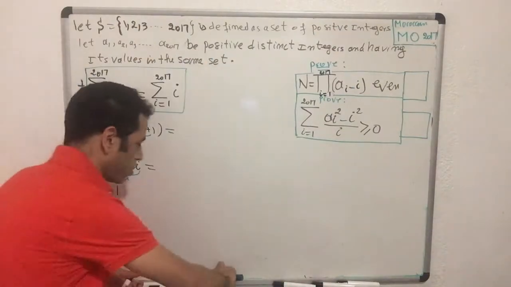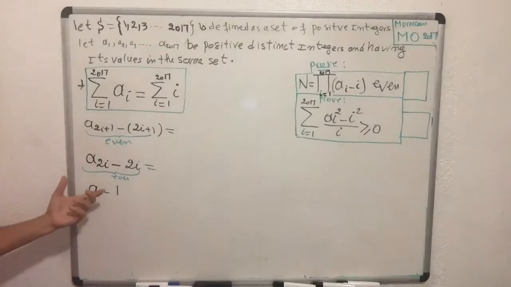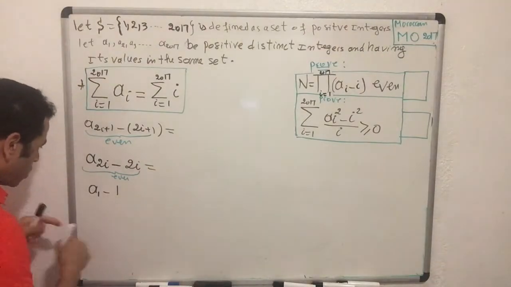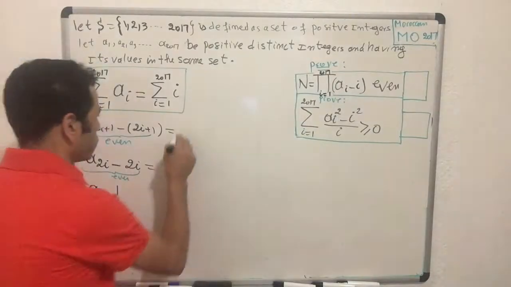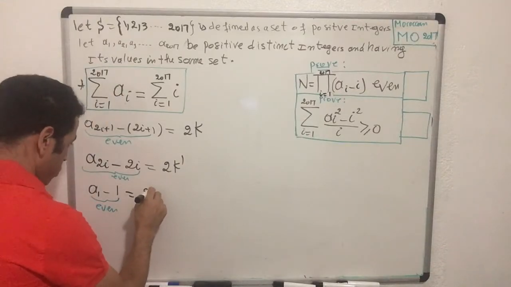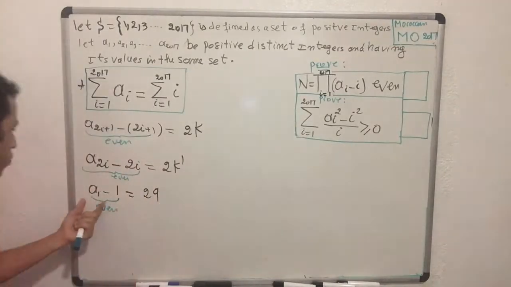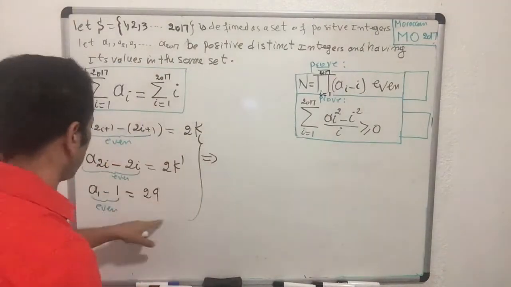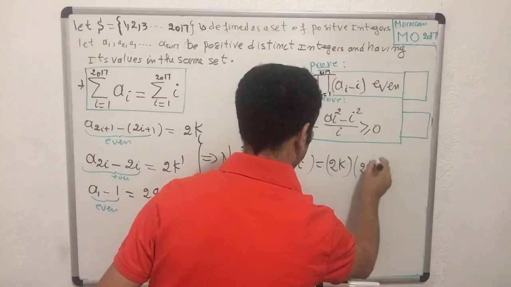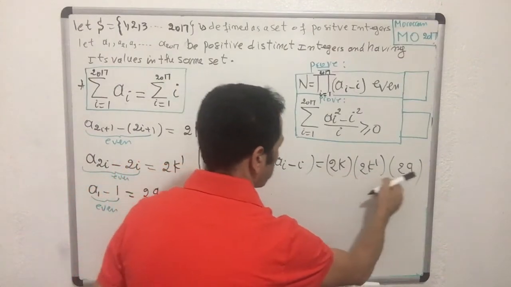That means 2 multiplied by 2 is 4, 4 multiplied by 2 is 8.